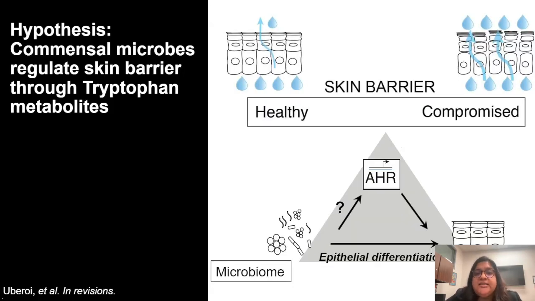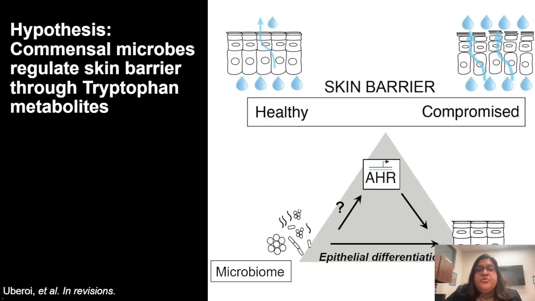So I sought to test the hypothesis that commensal microbes regulate skin barrier through tryptophan metabolites by regulating this aryl hydrocarbon receptor pathway. And this essentially involved developing a novel ecological framework. So far, what I have shown you was work looking at germ-free mice versus specific pathogen-free mice.